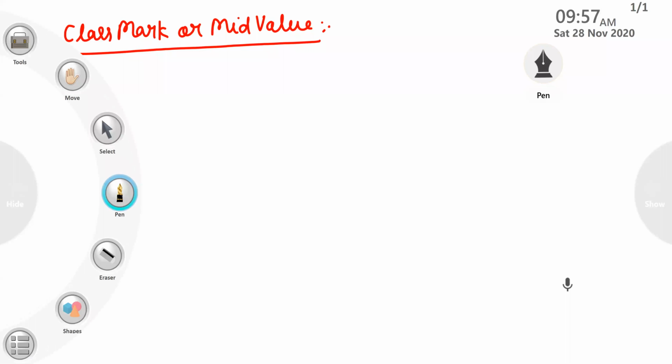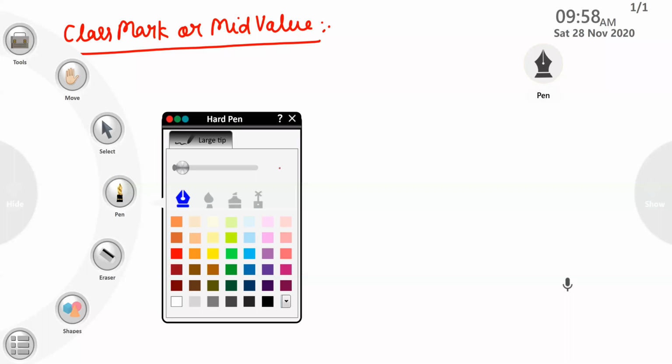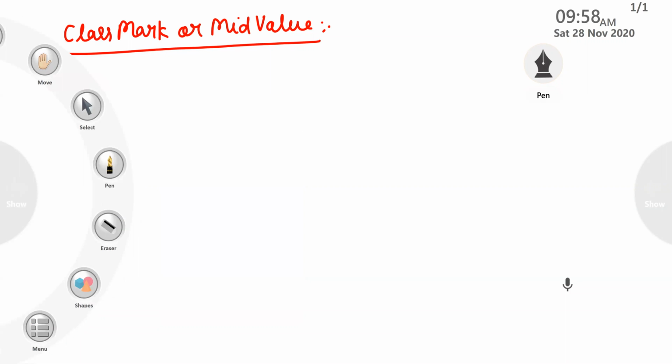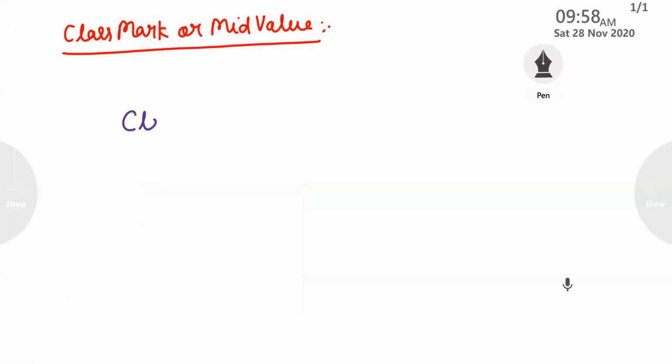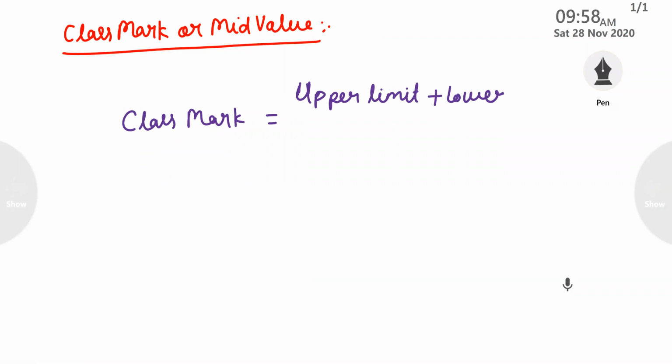One formula they have given. Class mark is equal to upper limit plus lower limit divided by 2. Note down this formula. Class mark is equal to upper limit plus lower limit, whole divided by 2.